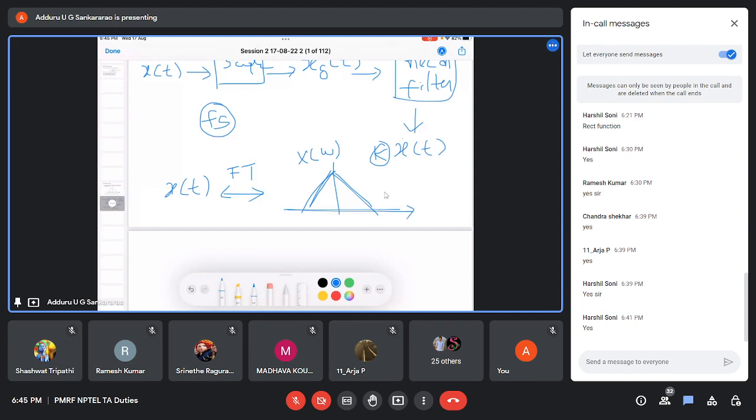So f is 5 kilohertz, so omega m is 2 pi into 5 kilohertz. The signal has frequencies below omega m and will not have any frequencies above omega m. That is a band limited signal.